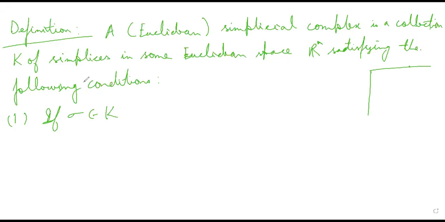So this first condition is if sigma is a member of K, then every face of sigma is in K. So for example, if sigma is this two-dimensional simplex and it is in K, then this edge, this edge, and this edge will be there.